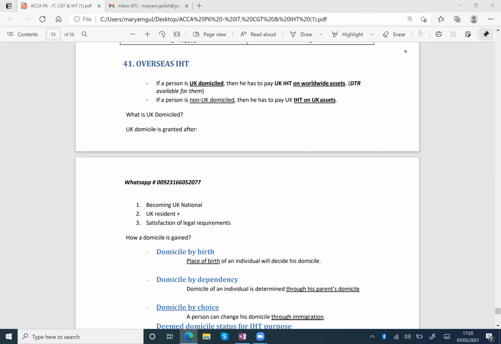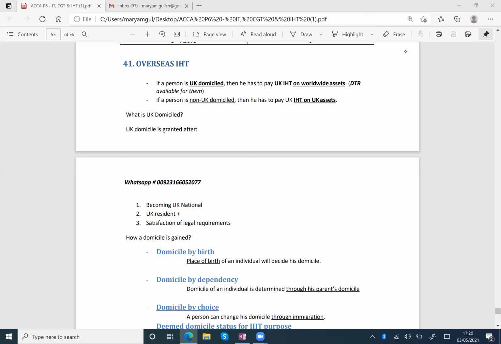If you can see overseas aspects of IHT, domicile and deemed domicile definition. So from the WhatsApp page, you can see I am reading domicile and deemed domicile definition. The definition of domicile for IHT is the same as for income tax and capital gains tax.